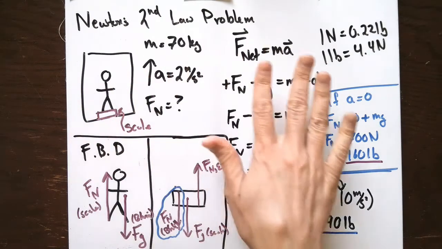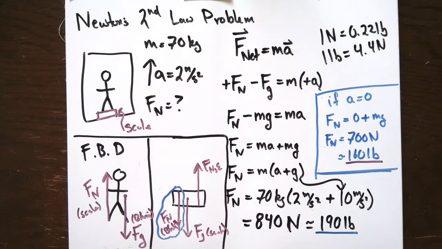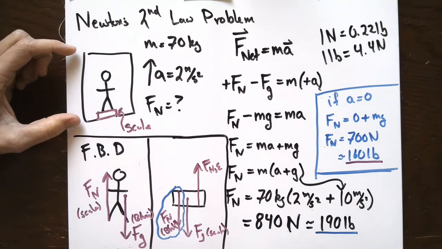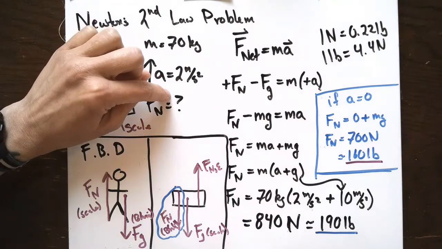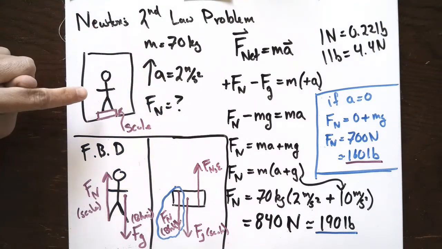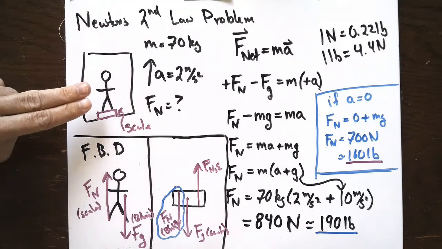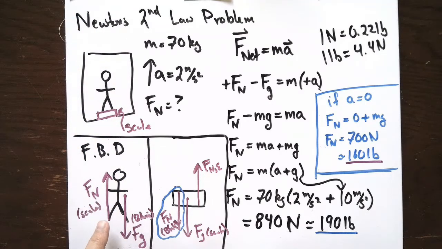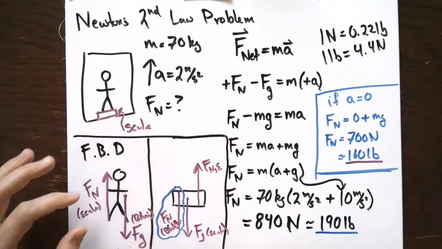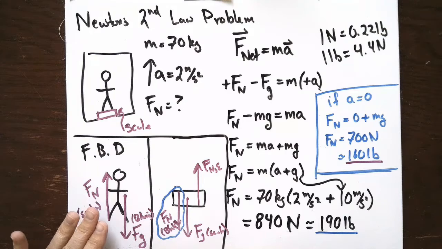And that is how you do a Newton's second law problem. First, you write out a little diagram so you know what's going on. Write down things that you know and what you want. Figure out what object you're looking at. And then draw a free body diagram for that object where you put all the forces on. And you can put acceleration on as well, but make sure it's off to the side so you remember it's not a force.